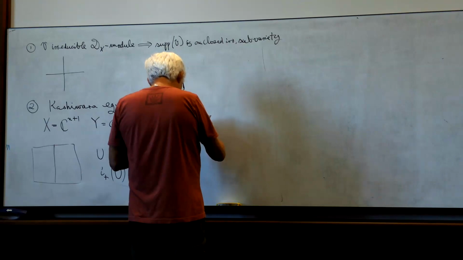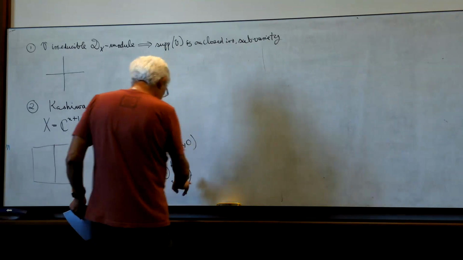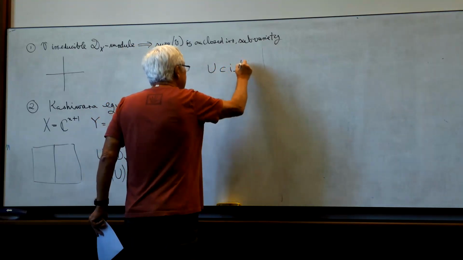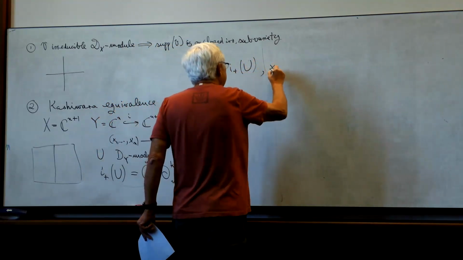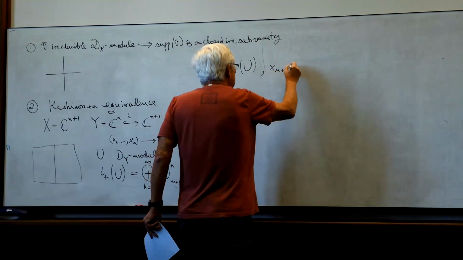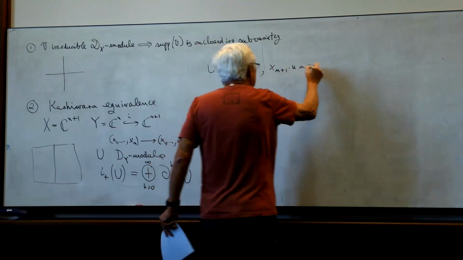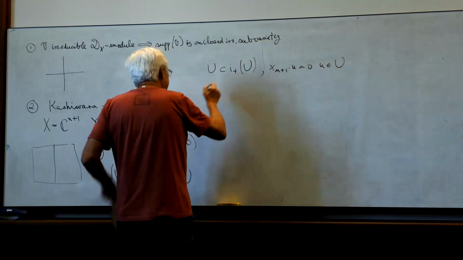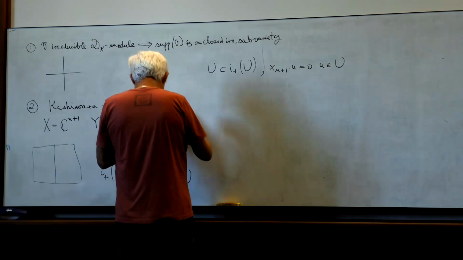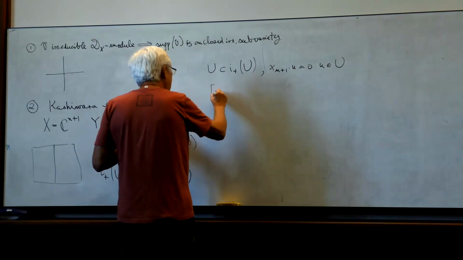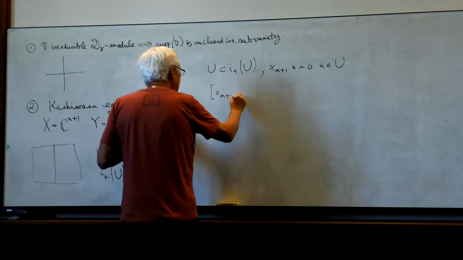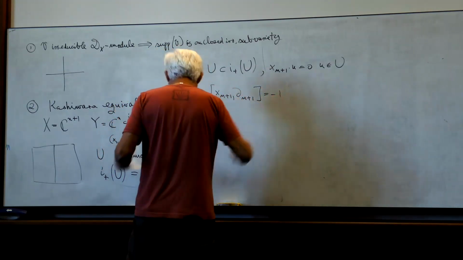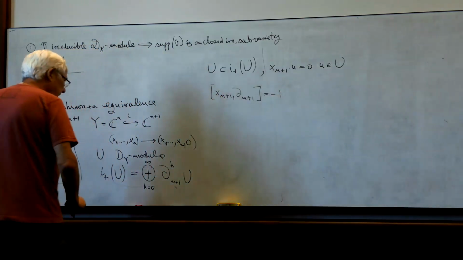And if we also put it so that U sits inside i_+(U) and x_(n+1) acts on U by 0, and since the relation x_(n+1)∂_(n+1) is -1, then we see that this becomes a D_X module.